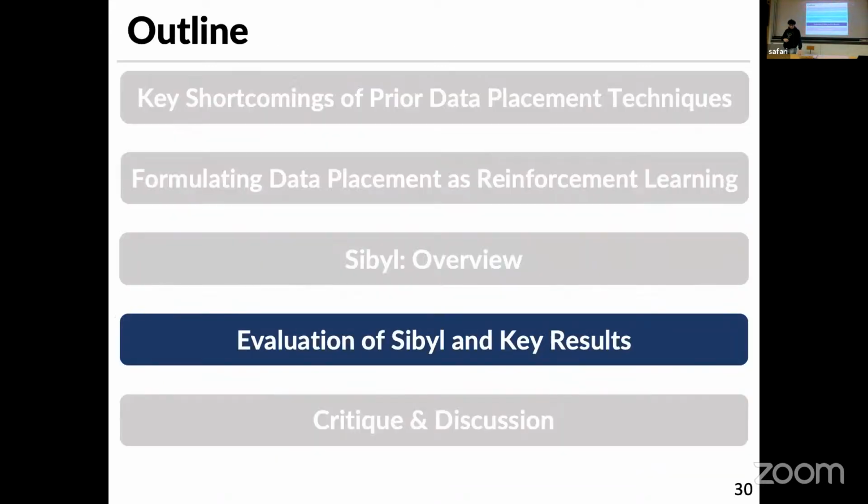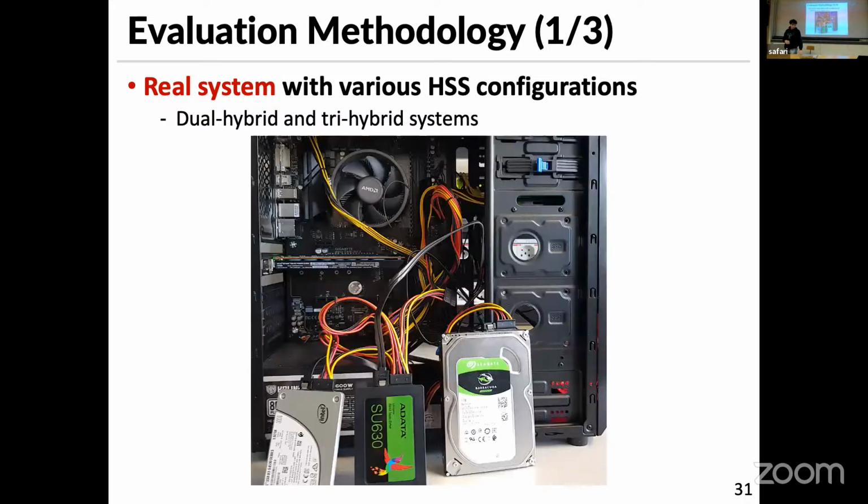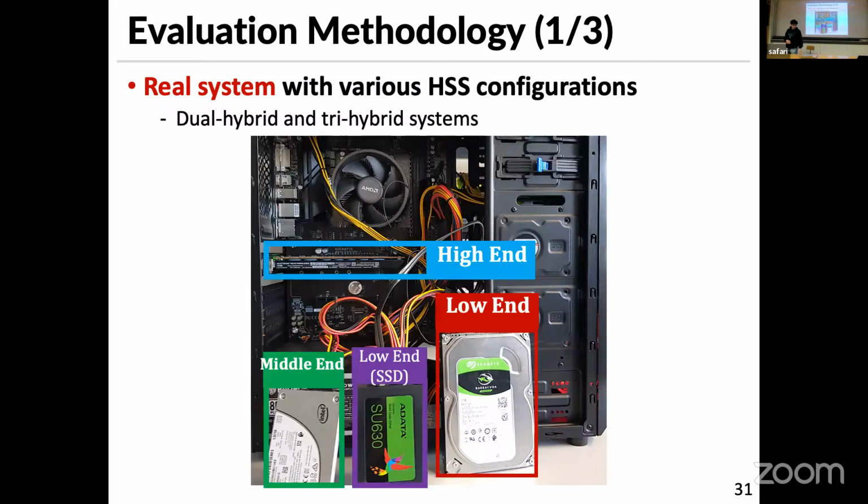So as for the evaluation of Cibil and the key results, let's first start off with the evaluation methodology. It was evaluated on real systems with various different HSS configurations using the following devices. First, you had a low-end HDD device, which is rather slow compared to the other devices, but it has a lot of storage.